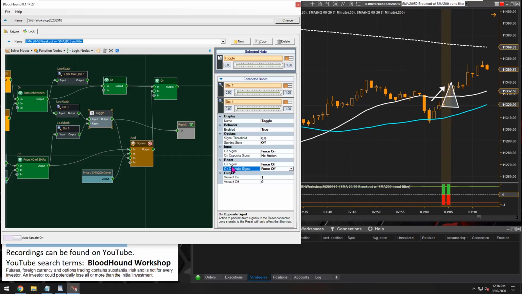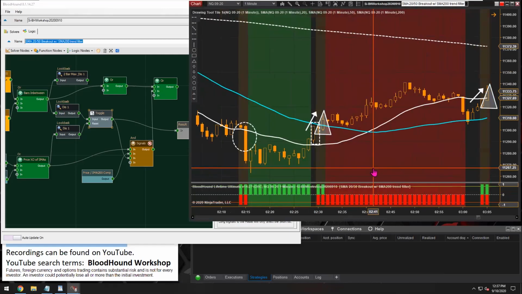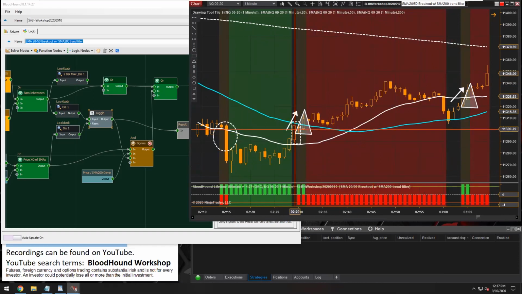So any kind of signal coming into the reset is going to force the toggle node off. Previously, on opposite signal was set to no action. So when we got a cross up, the toggle node was still on until we got a cross down, and then we got that false signal on that cross down. The toggle node is basically left on.